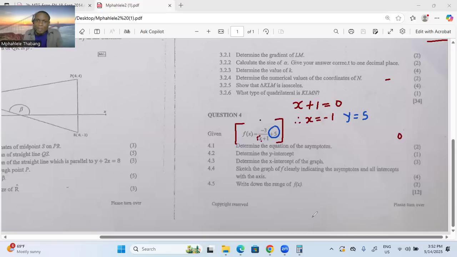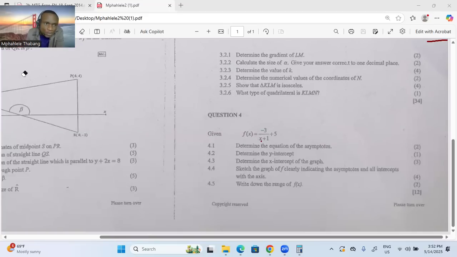So they are saying determine the y-intercept. The y-intercept is found by letting x be 0. So all the time mathematically, when you are looking for the y-intercept, you let x be 0. So we say f of x equals minus 3 over x plus 1, plus 5.